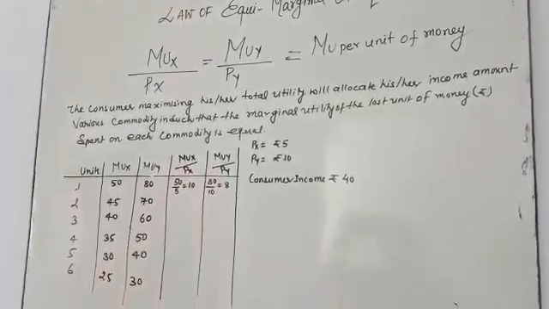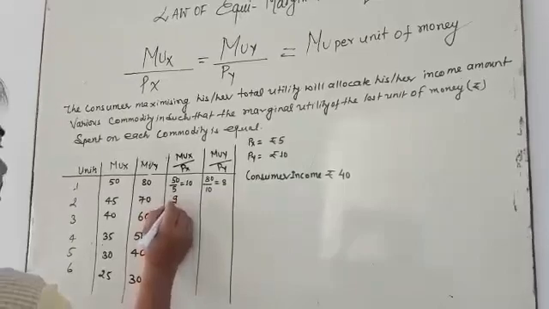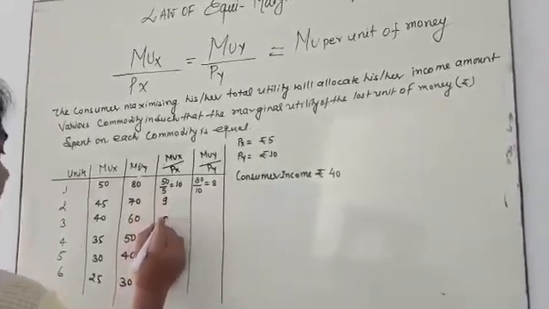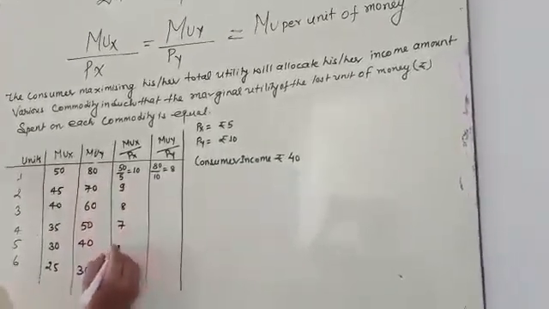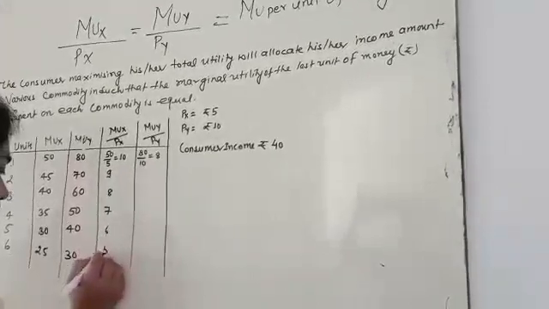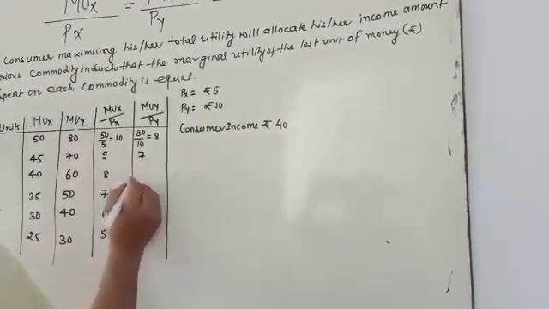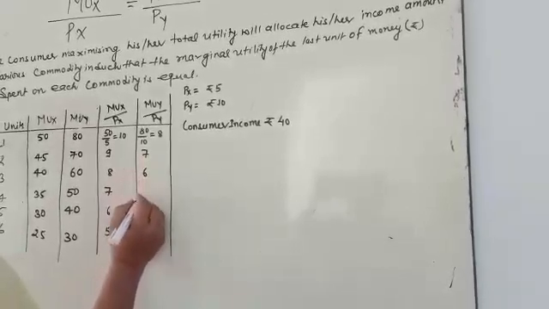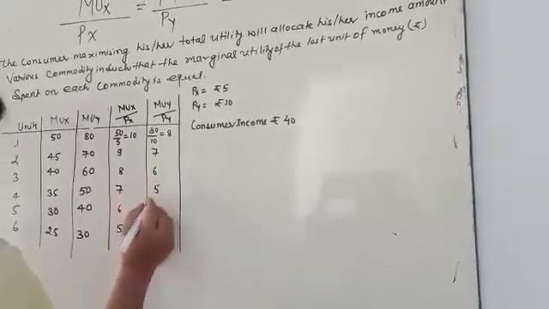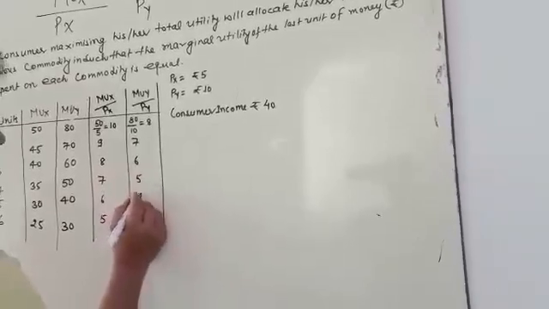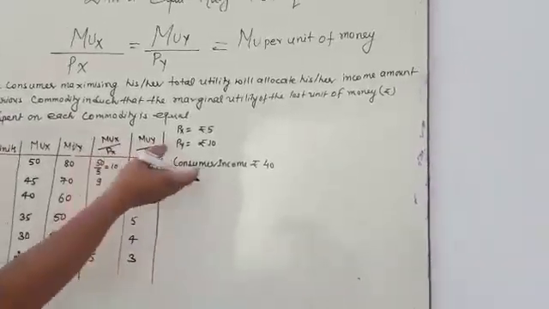So I am going to write here 10, 9, 8, 7, 6, 5. Similarly here also 8, 7, 6, 5, 4, 3.